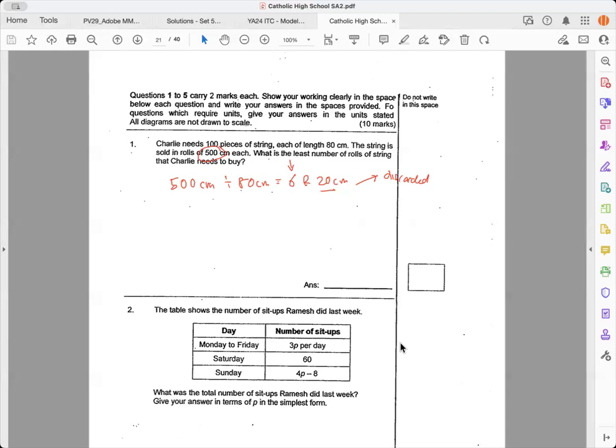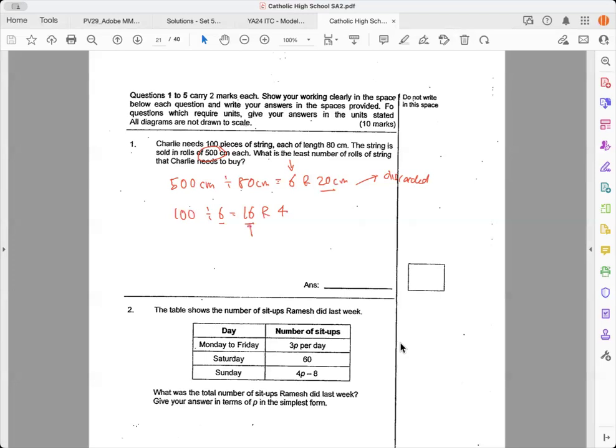Okay, so you need 100 pieces. 100 pieces divided by 6, you will get 16 rolls and remainder 4 pieces. You need 100 strings, and every roll gives you 6 strings. When you divide, you get 16.